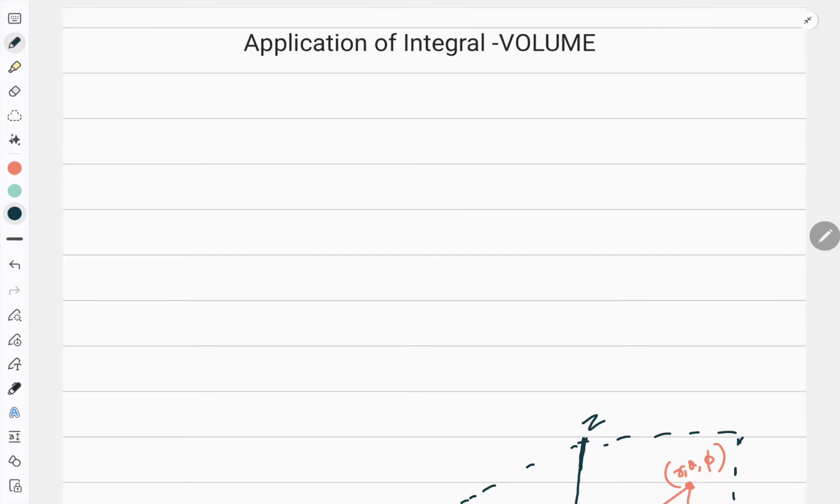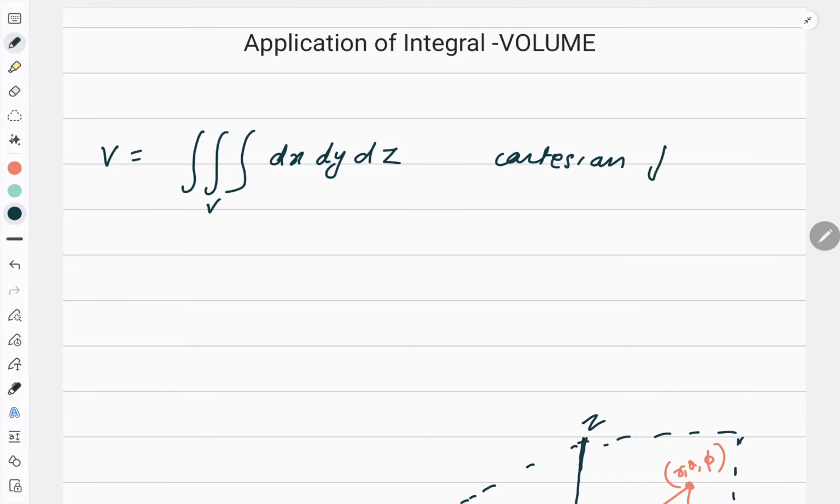Now, what is the formula? The formula for volume is the triple integration over the given region of dx dy dz, which is the Cartesian format. When I was talking about double integration and area, I told you about the Cartesian format and the polar form.